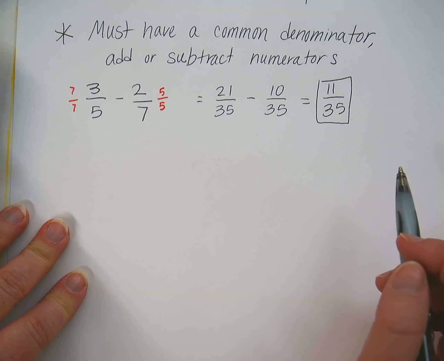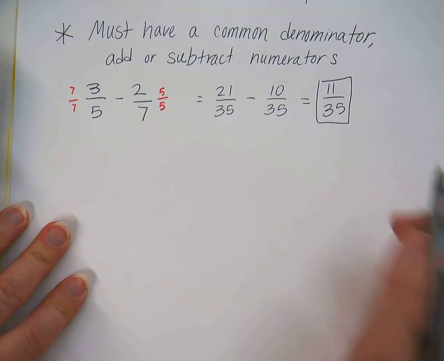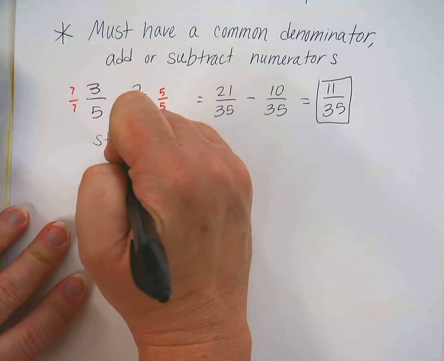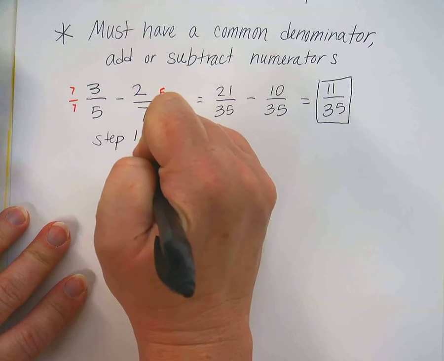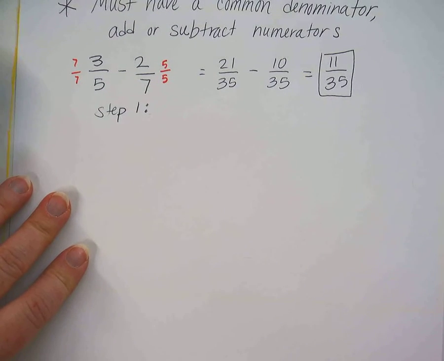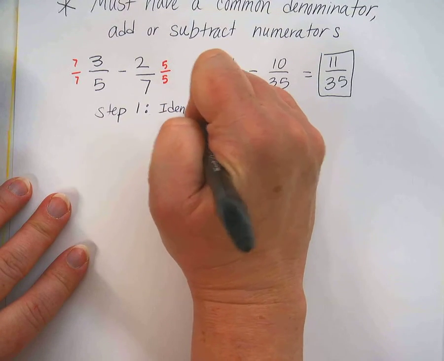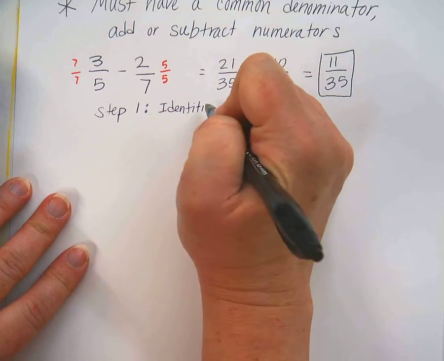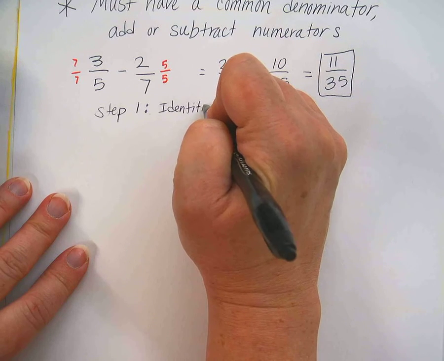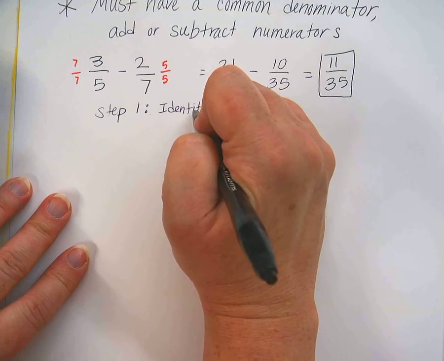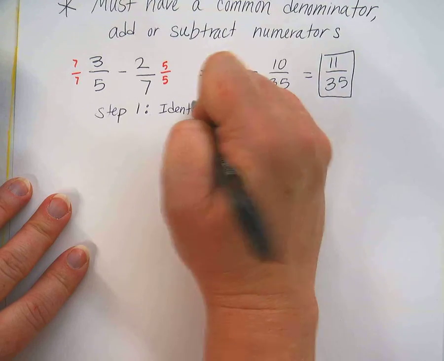So what were the steps that we just followed? What did we do first? Okay, so we identified what the common denominator needed to be, right? Identify, I can't spell. Identify, there we go.